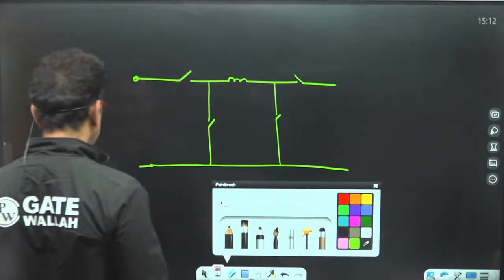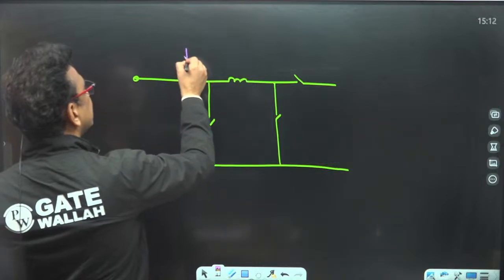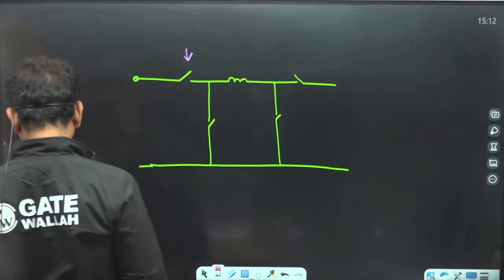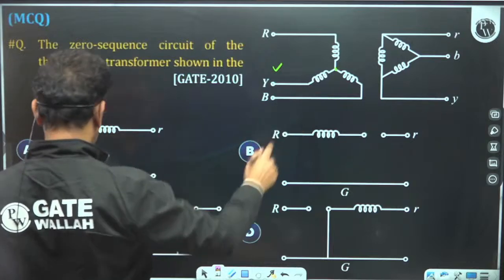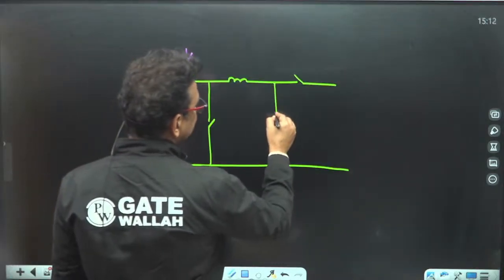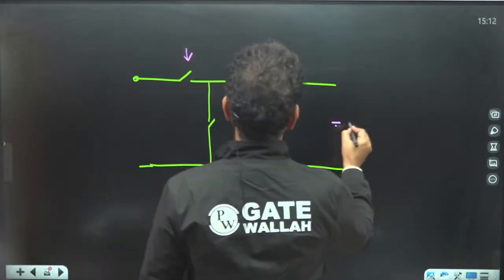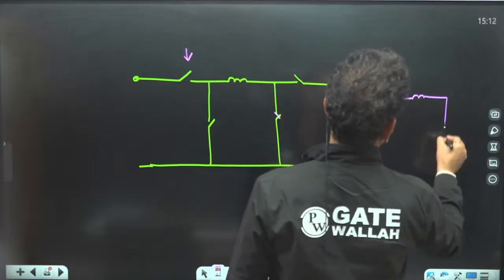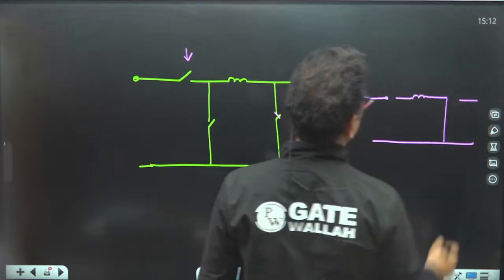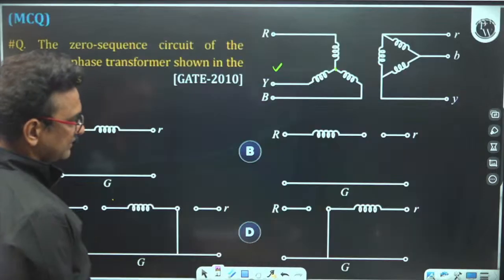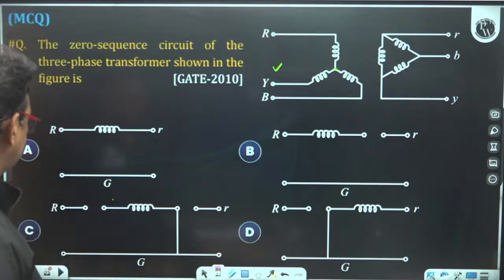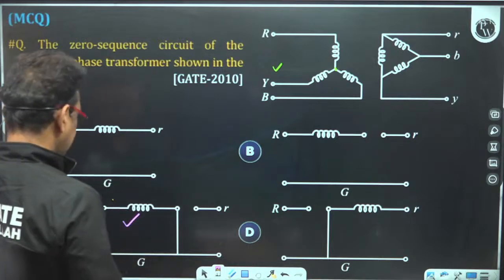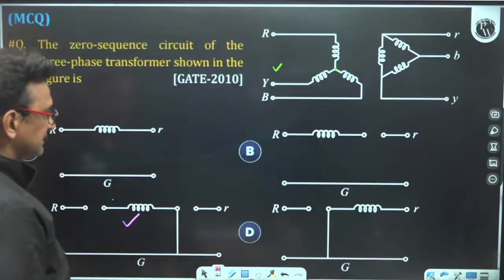The primary winding is star connected, but its neutral is not grounded, so it will be open circuited. For the delta, the secondary winding is delta connected, so this will be closed. So overall it becomes open, and this is closed, and this open. Which one is the correct one? C. C is the right one.